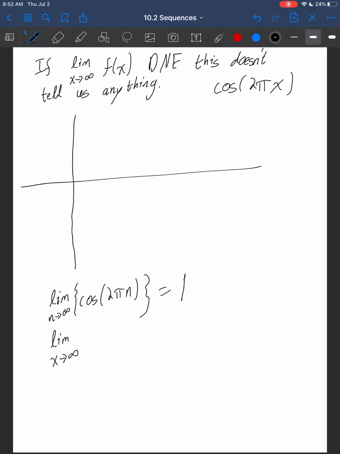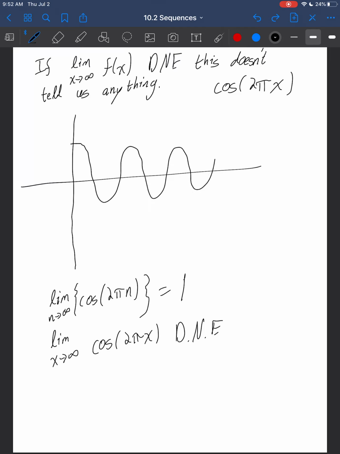But the limit as x goes to infinity of cosine 2 pi x does not exist, right? Because my function, I should start at 1. My function will look like this, so on and so forth.